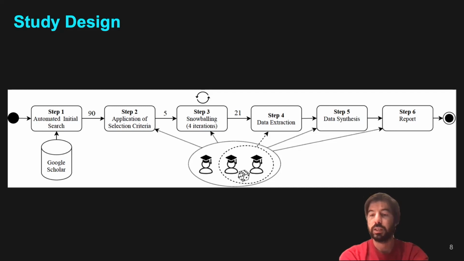Then we performed 4 iterations of both forward and backward snowballing, leading to a final set of 21 papers, which were our primary studies. Then we performed data extraction and data synthesis, where we also did open Excel coding, and we wrote the report. Now I will hand over to Roberto, who will talk about the results of our study.